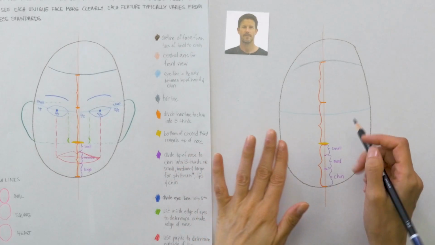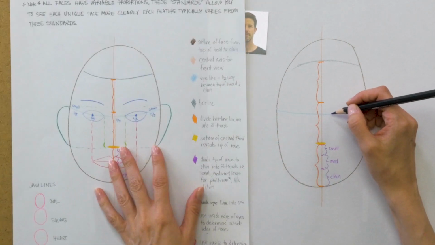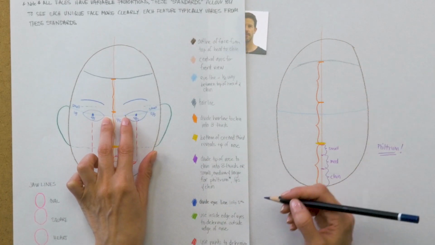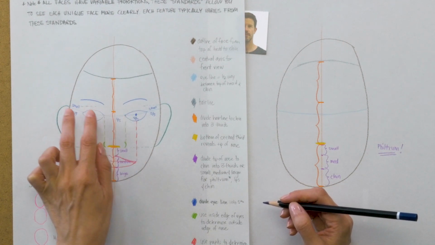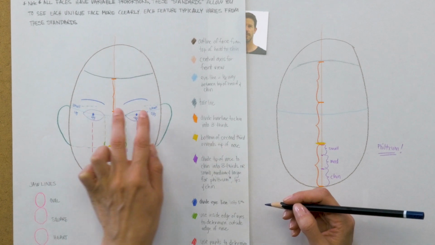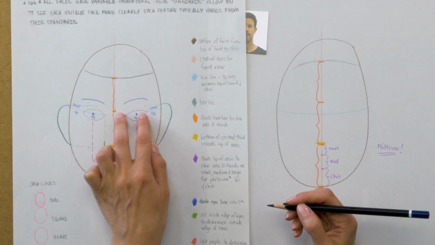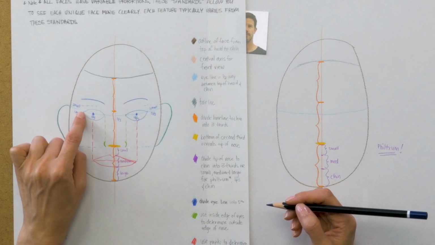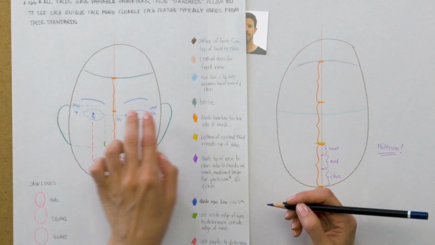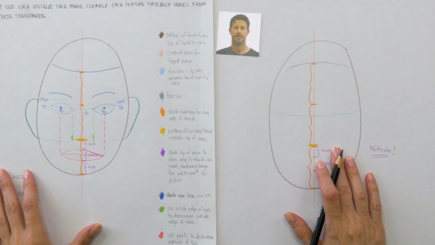So what we're going to do on the page, if you look down here, is we're going to determine this distance between the two eyes, copy it for both eyes so that we have the same thirds there. And then we want this to be a smaller distance between the outer edge of the eye and the hairline, and a smaller distance here to account for that perspective.